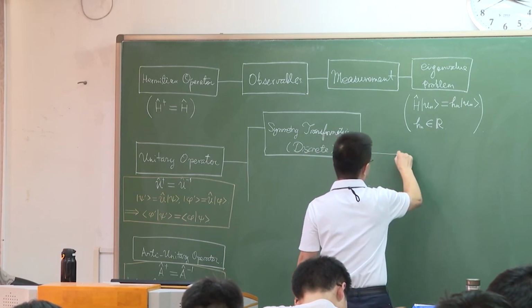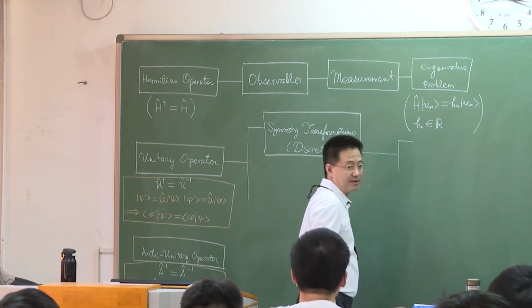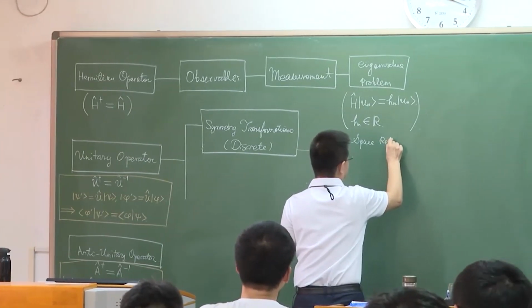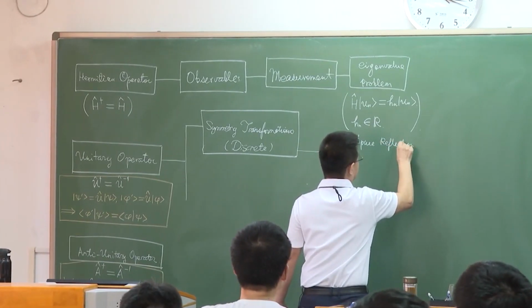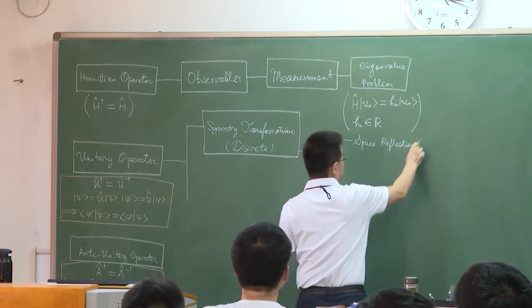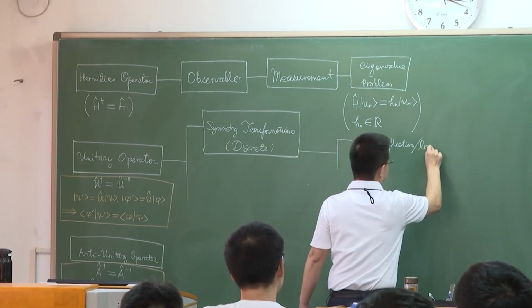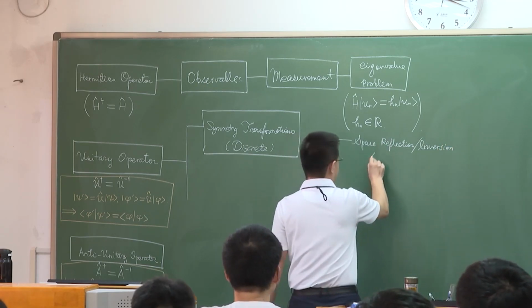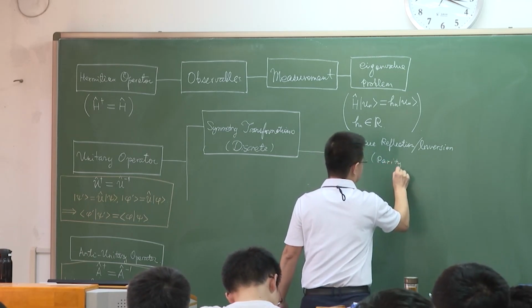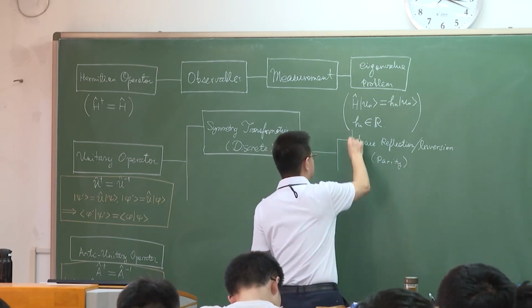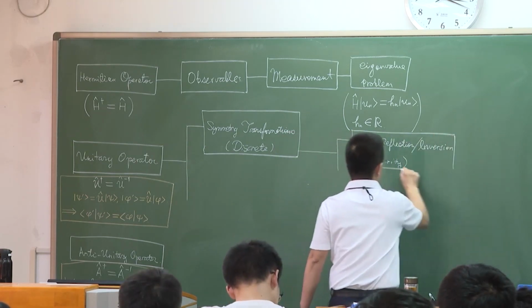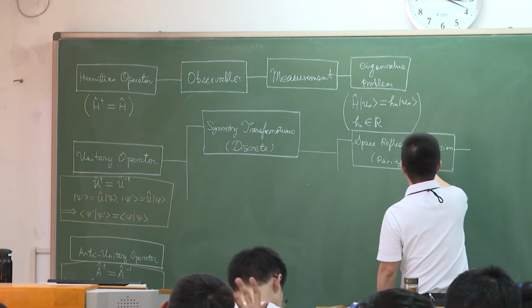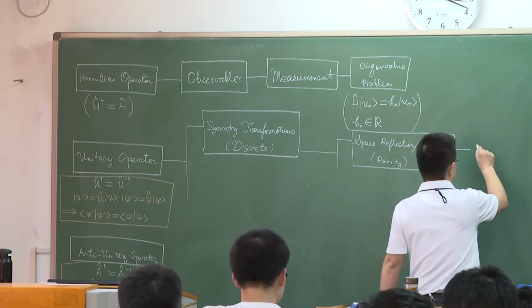For example, we have the space reflection, or it is called the space inversion. Or we can call this transformation a parity transformation. This is a unitary transformation, and the conserved quantity for this transformation is the parity.